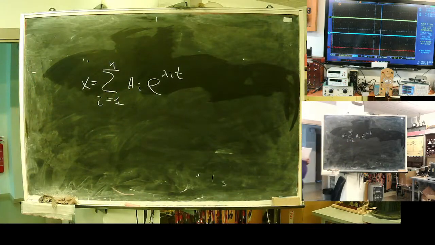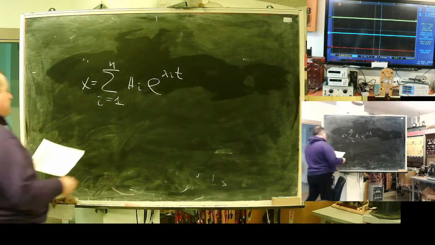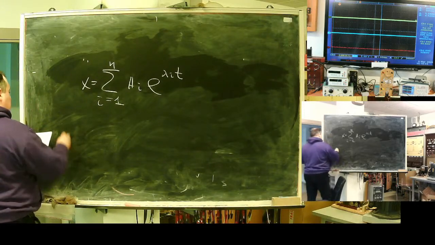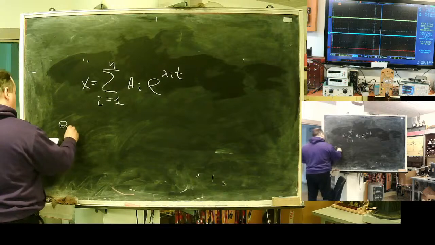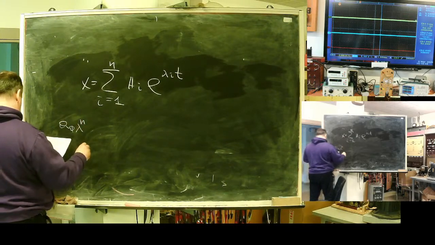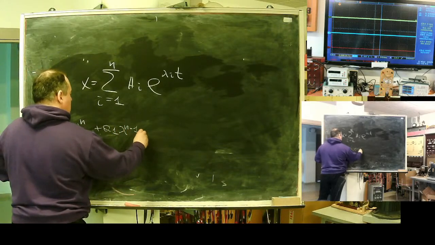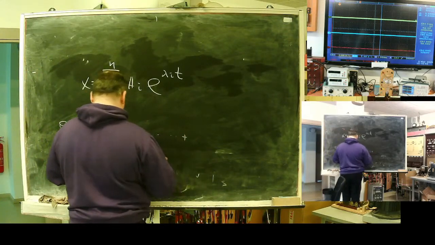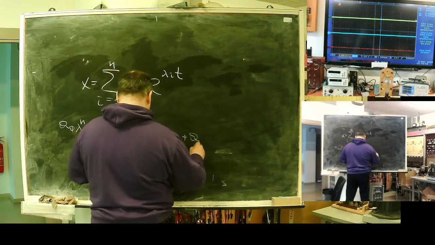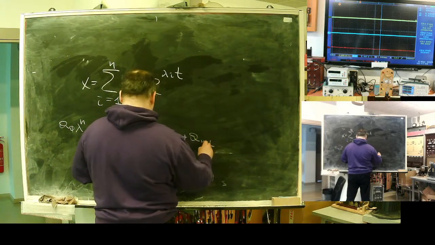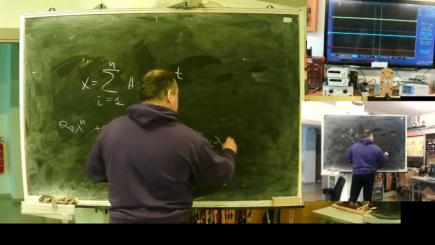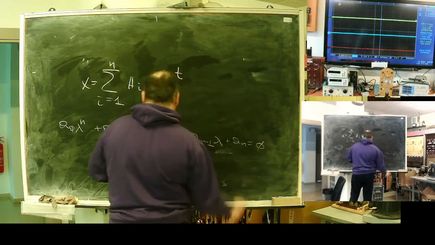We saw it in the resonance context, where a1 and a2 were both constants. The lambdas can be found from a0 lambda^n + a1 lambda^(n-1) + ... + a_(n-1) lambda + a_n = 0.